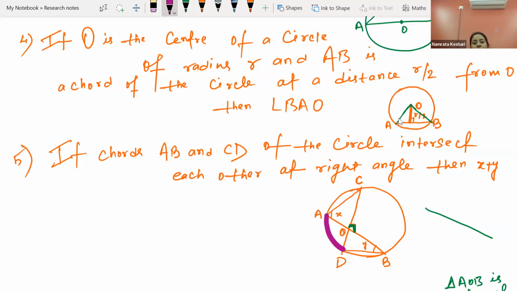Here also angle in the same segment will work, right?